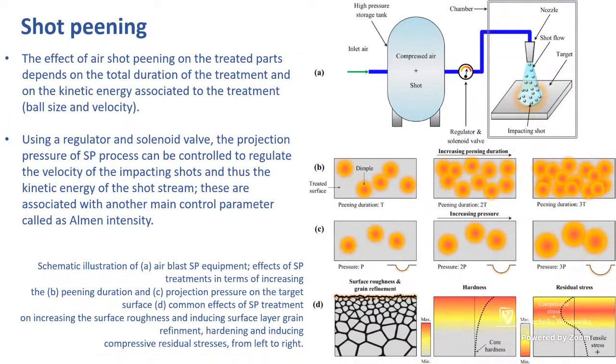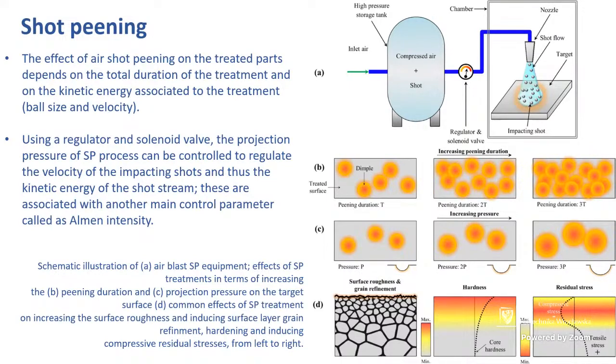So if we think of the so-called pneumatic shot peening, where we use compressed air to accelerate the shot, giving its kinetic energy, we can increase the Almen intensity by using higher air compression, and we can increase the coverage by making the duration larger, increasing the time.